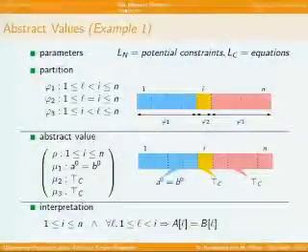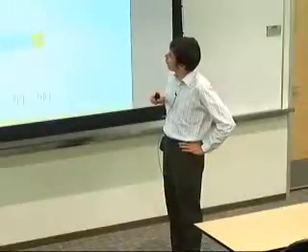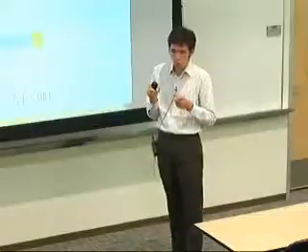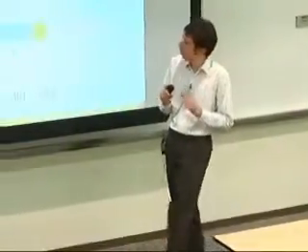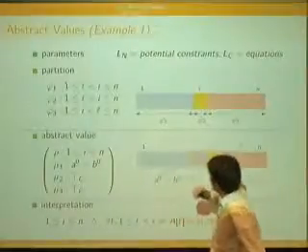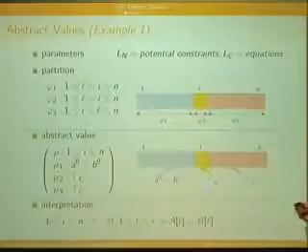So here are some examples. As parameters for the lattice of indices, we take potential constraints, so the difference of two variables is bounded by a constant. And for the lattice of contents, we take equations.